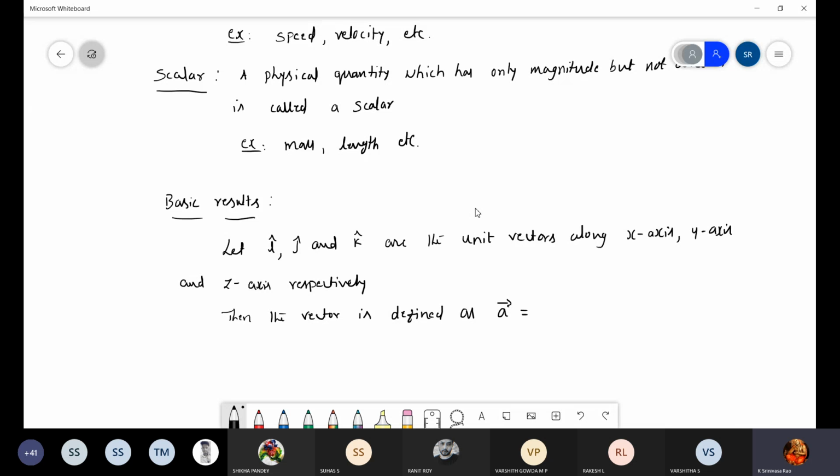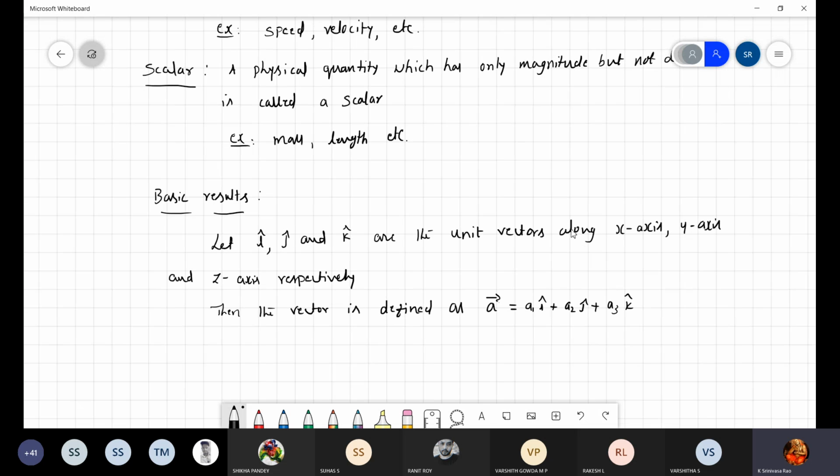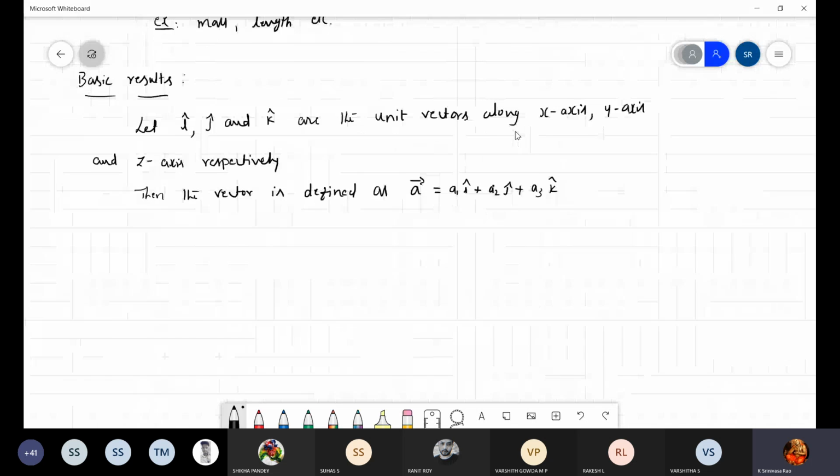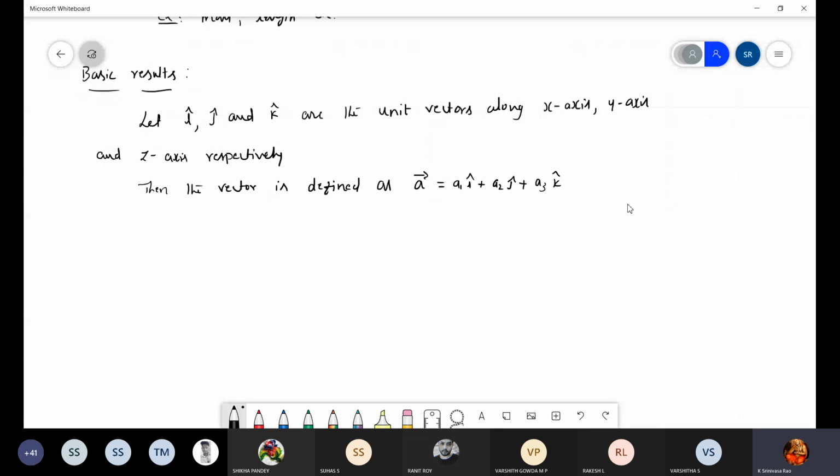This arrow mark represents a vector. A equals A1 i cap plus A2 j cap plus A3 k cap. This is a representation of a vector. I'm just giving the basics. You already know these concepts, but we will recall the basics and then move to the syllabus.